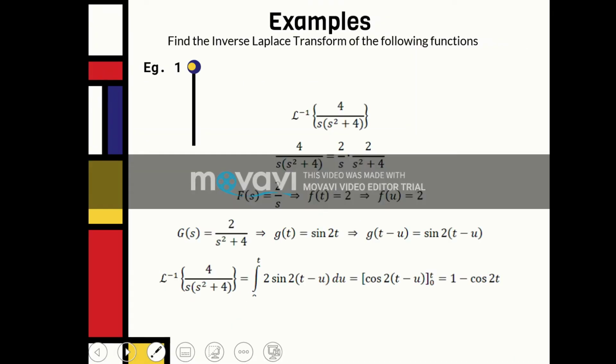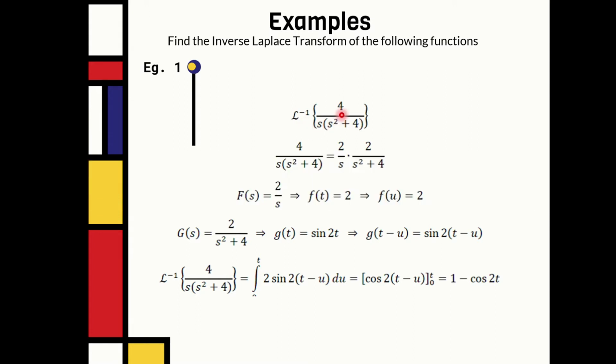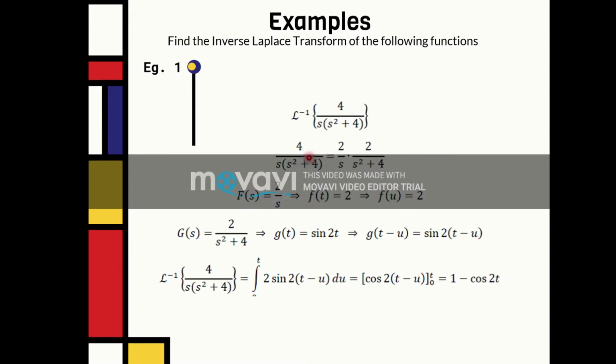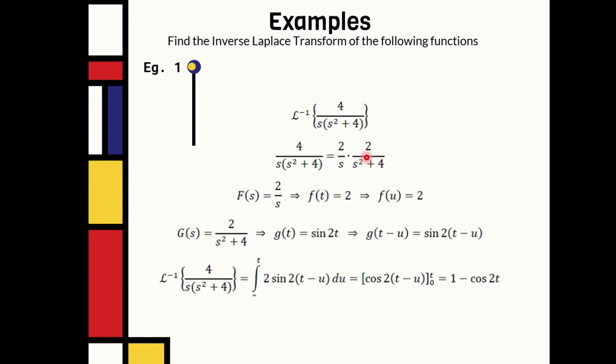Okay, let's discuss the first example. Find the inverse Laplace transform of the following functions using the convolution theorem. So we have the inverse Laplace of 4 over s squared plus 4. We can split the expression into two parts: 4 over s times (s squared plus 4) equals 2 on s times 2 on (s squared plus 4).